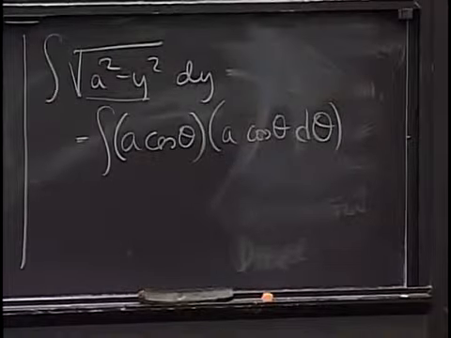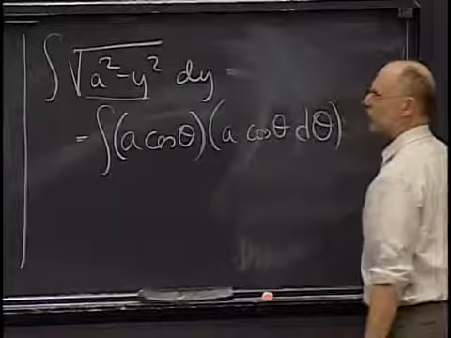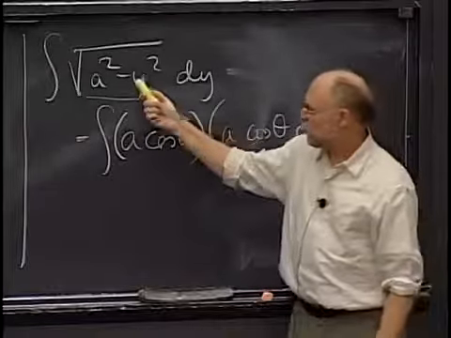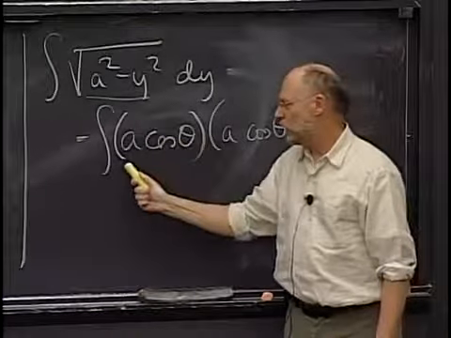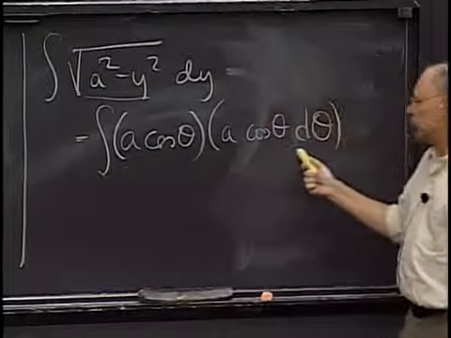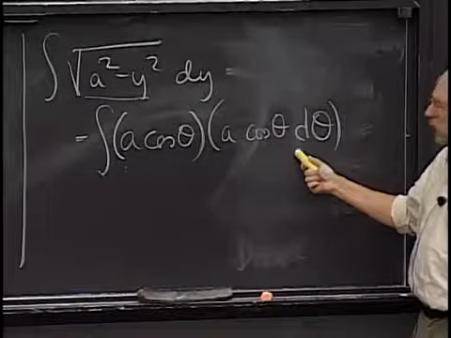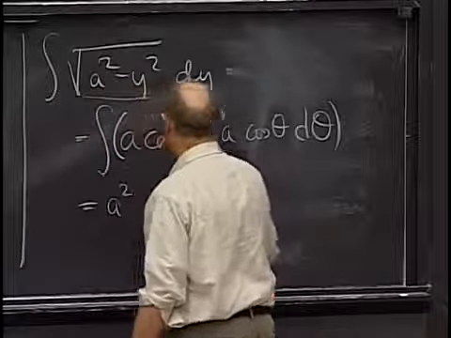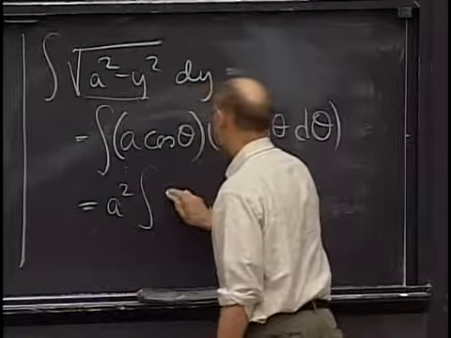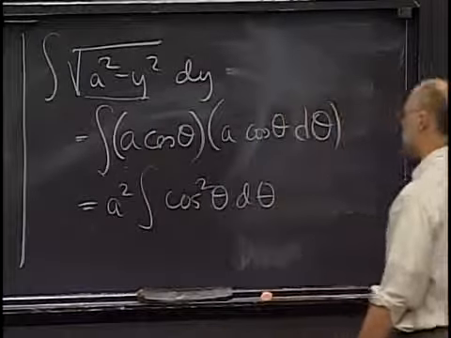Okay, making that trig substitution, y equals a sine theta, has replaced this integral that has a square root in it and no trig functions with an integral that involves no square roots and only trig functions. In fact, it's not too hard to integrate this now because of the work that we've done. The a squared comes out. This is cosine squared theta d theta.